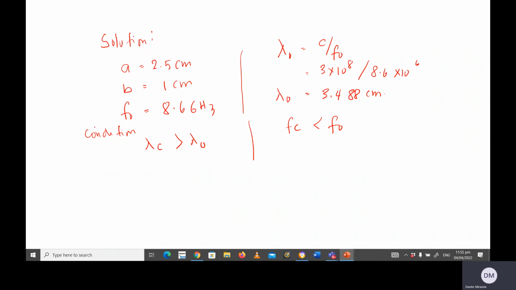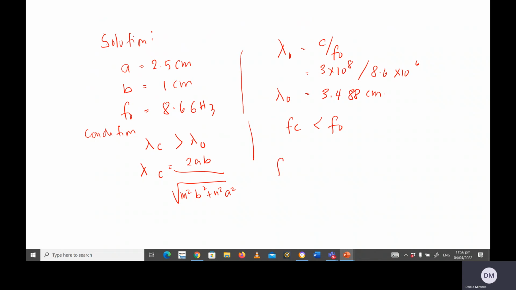Tapos, meron tayong formula pa rin. Pwede mo sunod. Ayan. That lambda C is equal to 2AB over the square root of M square B square plus N square A square.